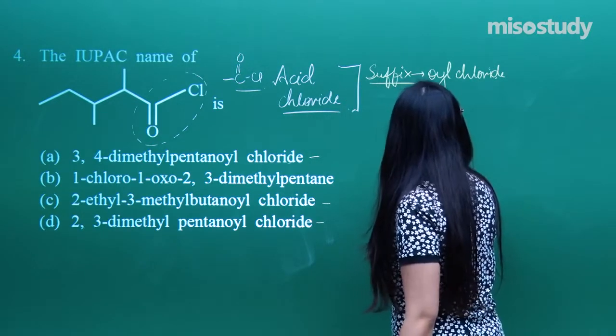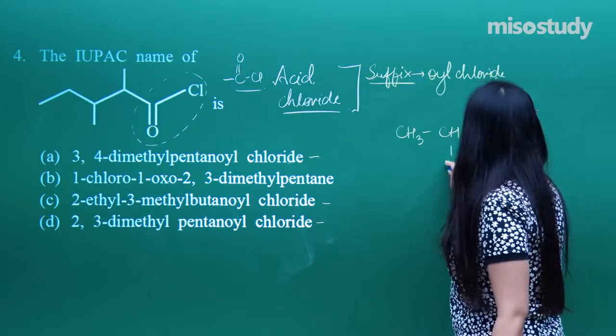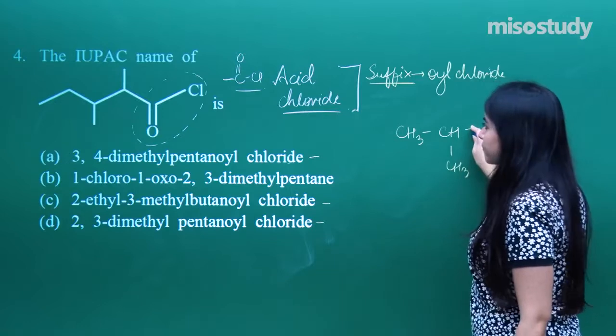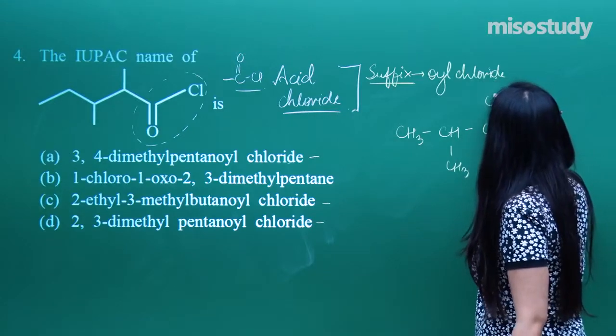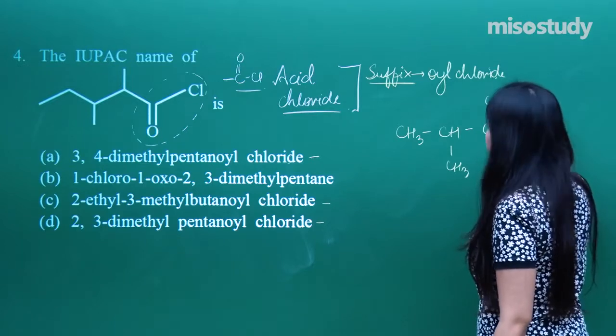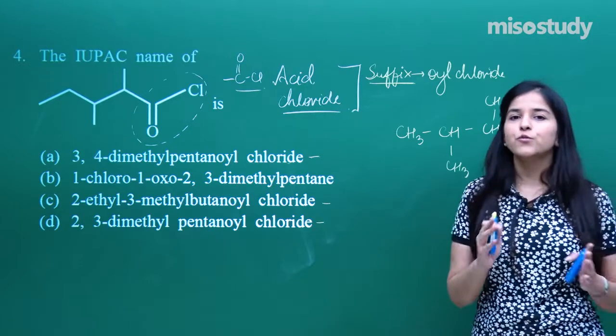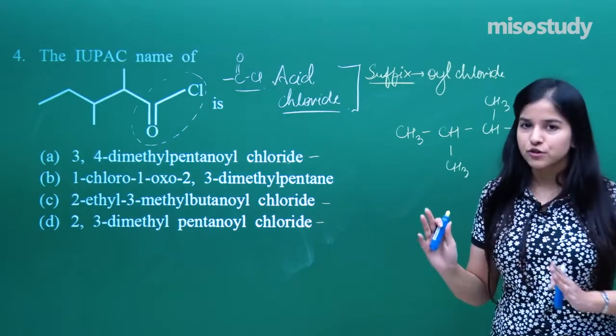I have got CH3, so just draw it with me simultaneously. CH, again a CH3, that is how we are going to expand the structure, and that is the structure. Now it's super easy. I need to just figure out the word root.